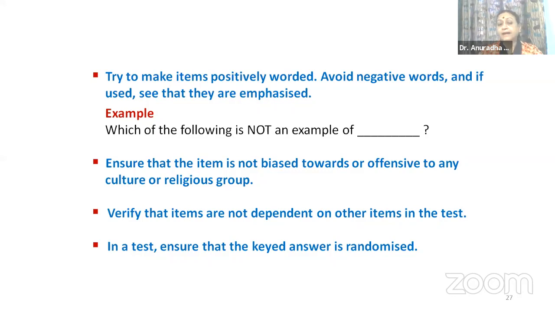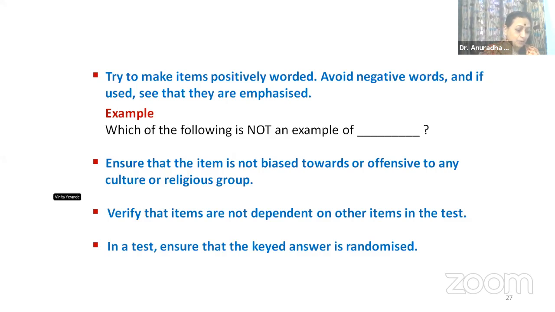Okay, verify that the items are not dependent on other items in the test. Now, I'm not talking about a single item here; suppose you have a test consisting of many items. Sometimes it so happens that one question has certain options given which become the lead, or which provide the clue to the right answer to another question.